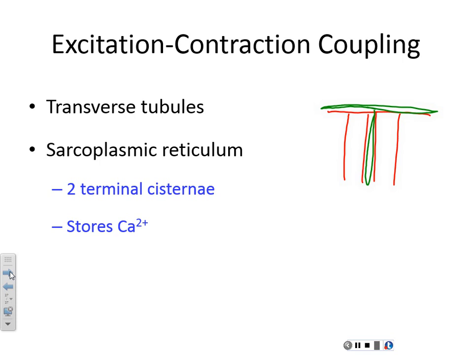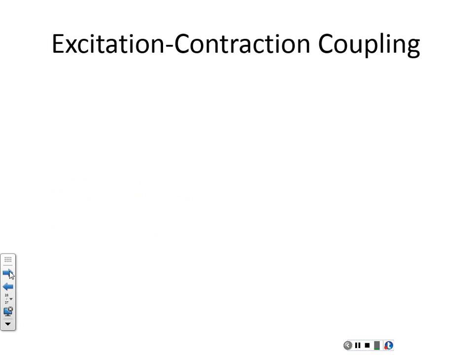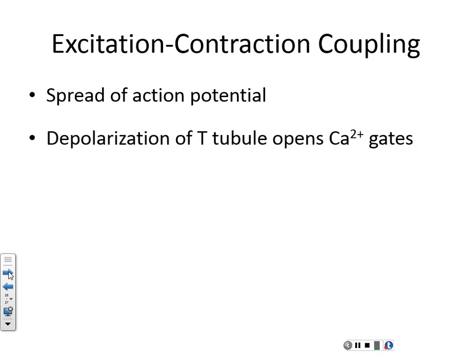If the impulse is going to run alongside it, it's going to open a whole bunch of those calcium channels on the cisternae, so that they all open up, and then the calcium is released. Okay. And that's the triad, of course. Right. So know about that and know the functions of those proteins.